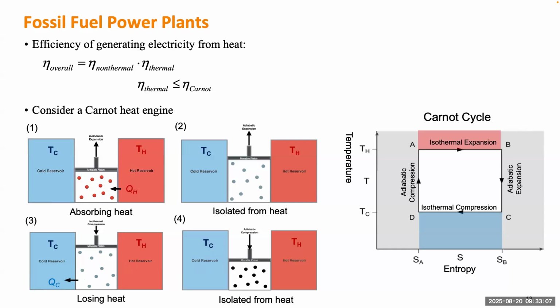So the four steps make a cycle in this plane that is exactly a rectangle area. That makes calculating the efficiency and the work much easier than for realistic engines. So we call this cycle a Carnot cycle.